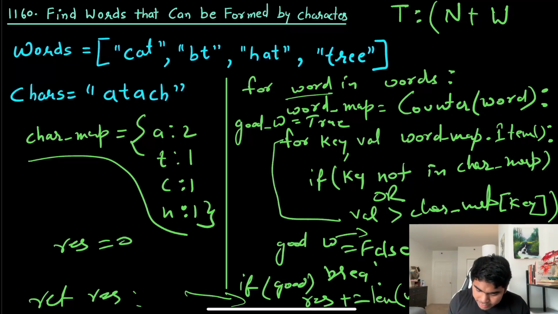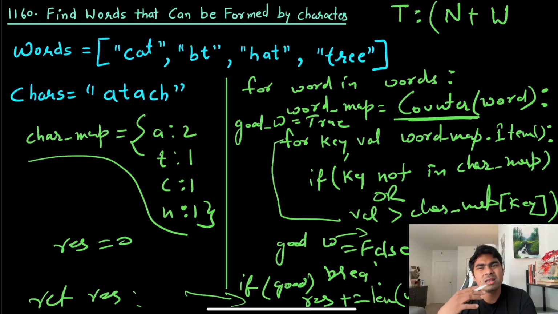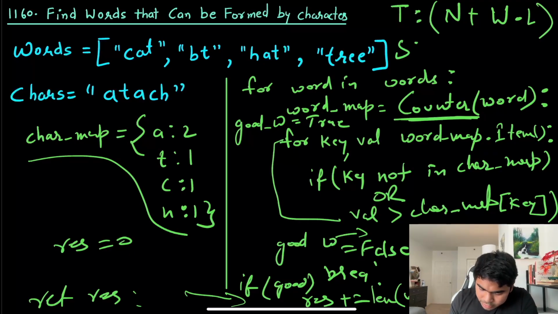When I'm creating this counter, I'm going through all the words. So for each word, you can choose the longest word from this array of words, and just multiply with L. So that would be the time complexity. And the space complexity is also going to be, first this, so N plus then W.